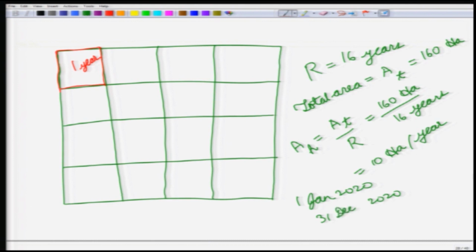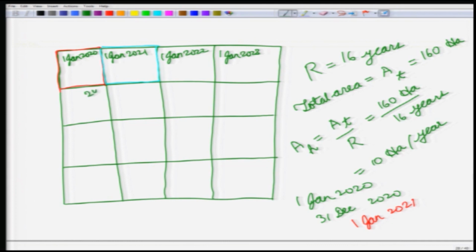Now, on 1st of January 2021, you cut up the next section. So, let us say that this section was felled on 1 Jan 2020, this section was felled on 1st of Jan 2021, this one was felled on 1st of Jan 2022, 1st of Jan 2023 and so on.